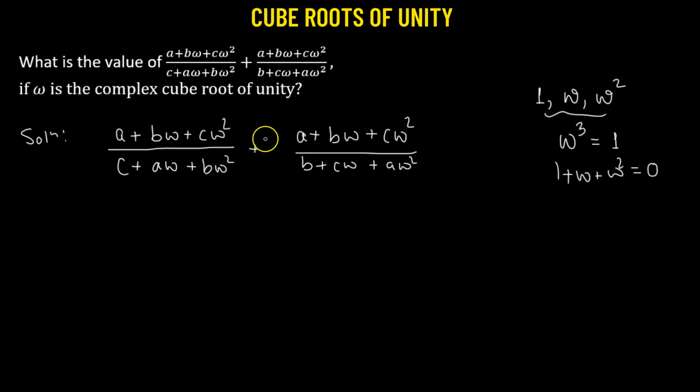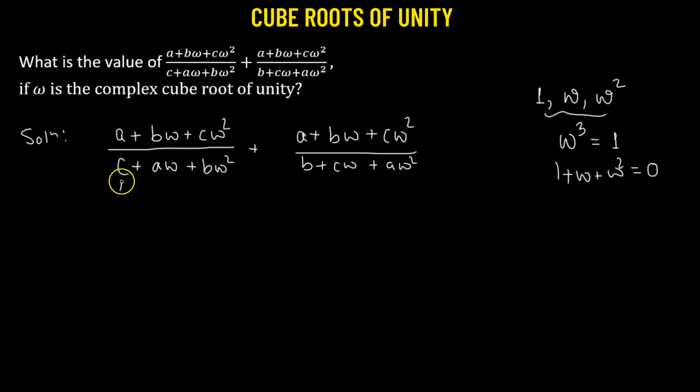Now we know that in order to add two fractions, the denominator must be the same, but in our case we have different denominators. What we'll do, we'll consider the second term. If we look at the denominator, we have b plus c omega plus a omega squared. We'll try to make it equal to the denominator of the first term. How do we do that?